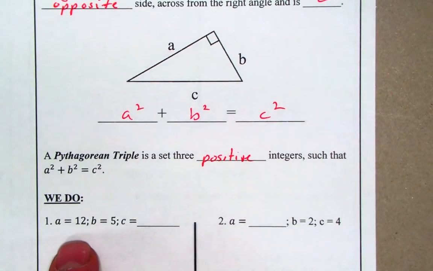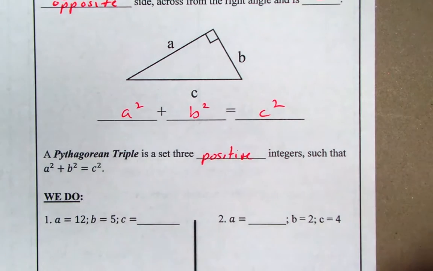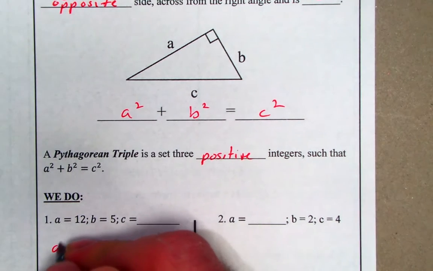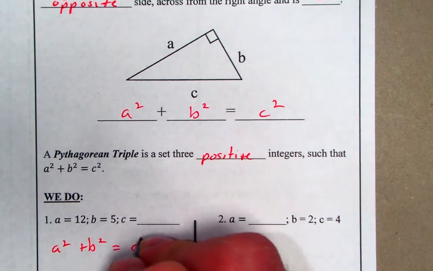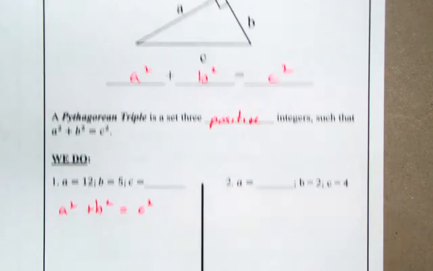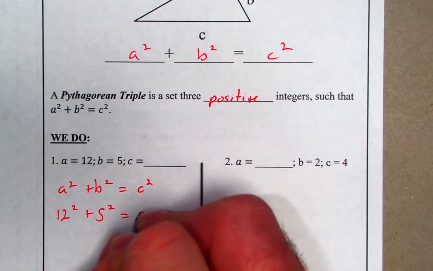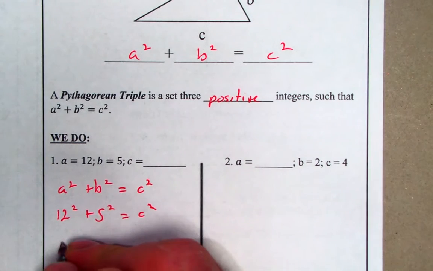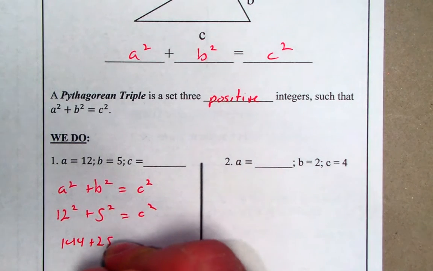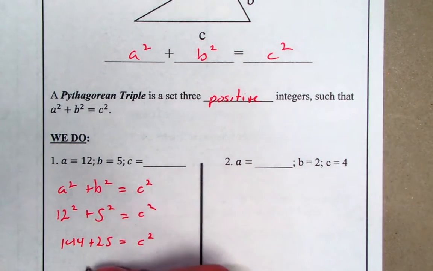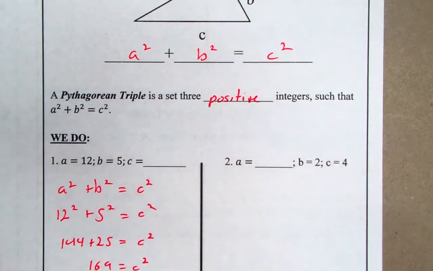All right, so this one just says A is 12, B is 5, find your C. So A squared plus B squared is equal to C squared. Substitute in the values for A and B. So we have 144 plus 25 is equal to C squared. 169 equals C squared.